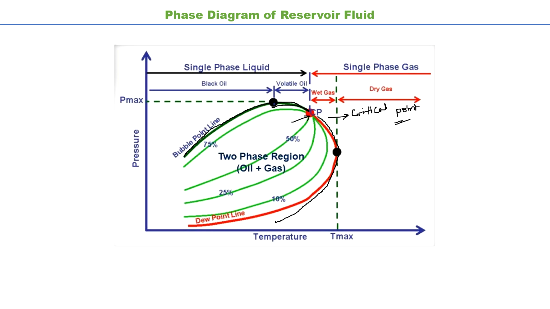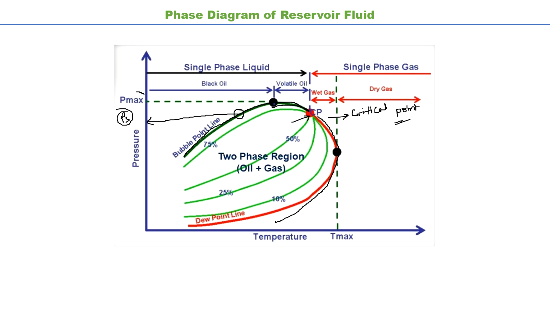That is the bubble point. Let's say for a particular fluid, we consider this is the bubble point. It is noted as Ps, saturation pressure. That means the oil is fully saturated by the gas. So at this pressure, gas will evolve out from the solution.